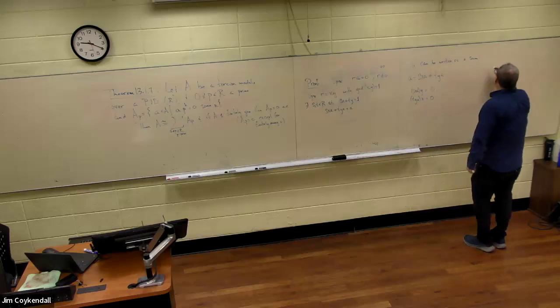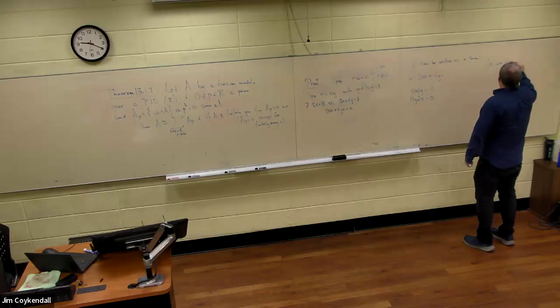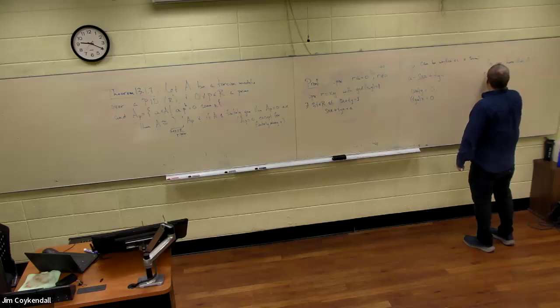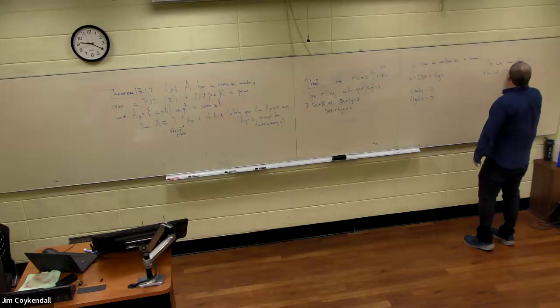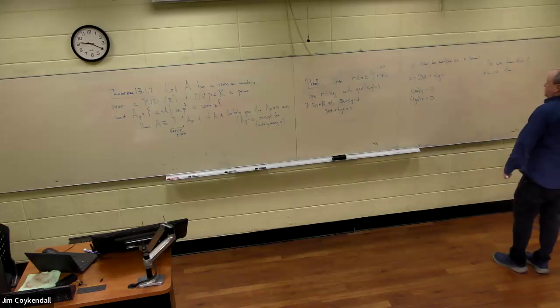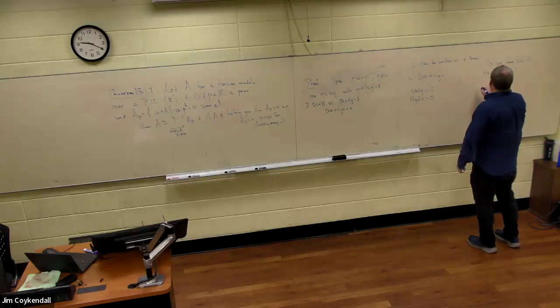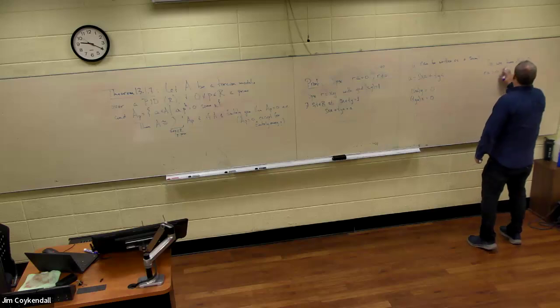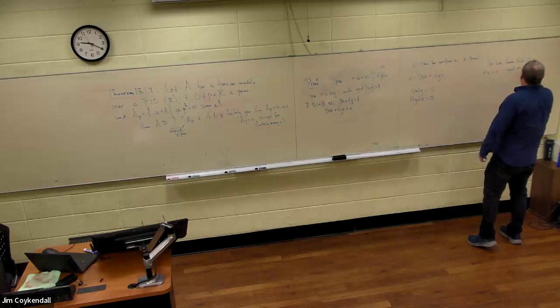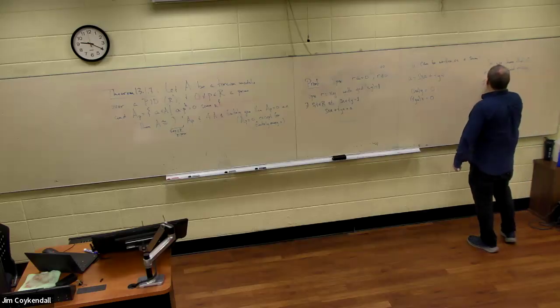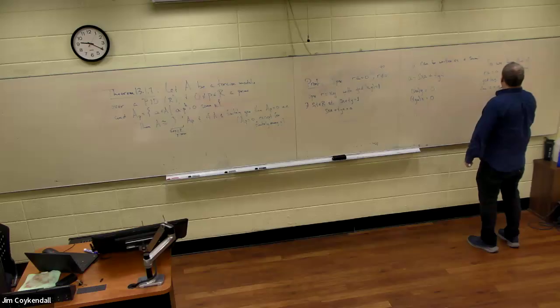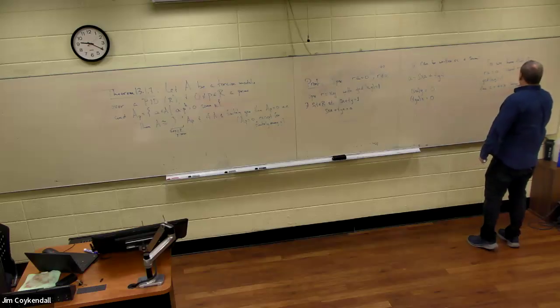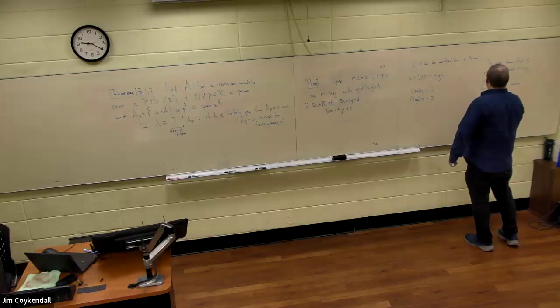So here's the big takeaway. If RA equals 0, and R equals XY with GCD of X and Y equal to 1, then A is equal to alpha plus beta, where X alpha equals 0 and Y beta equals 0.